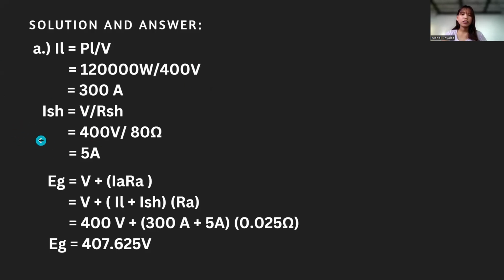Then the current in the shunt is V over RSH, 400 volts divided by 80 ohms equals 5 amperes.